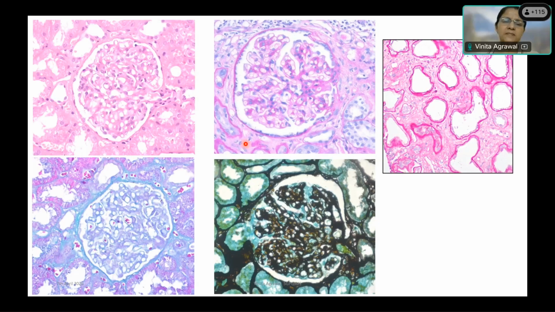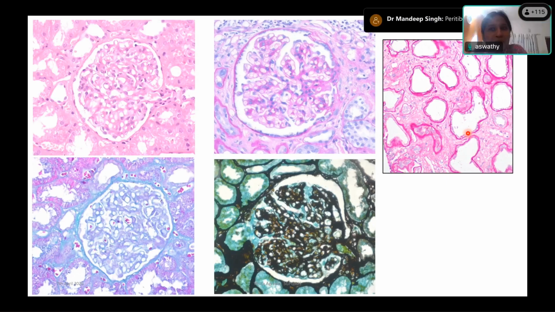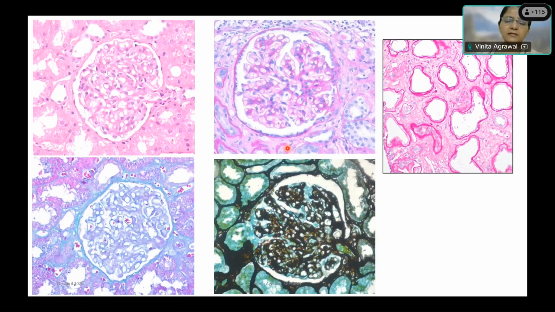Do you think there is some material in the tubules? Ma'am, liquid accumulation. Where do you think is a liquid accumulation? Ma'am, in the tubules. No, they are completely empty. You look at the tubules. Where is the liquid? Tubular atrophy.